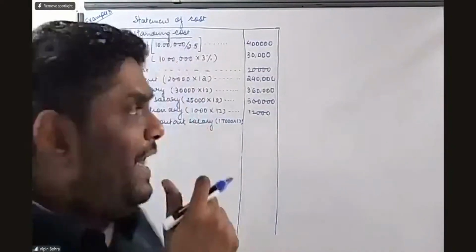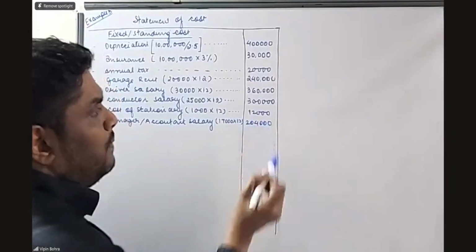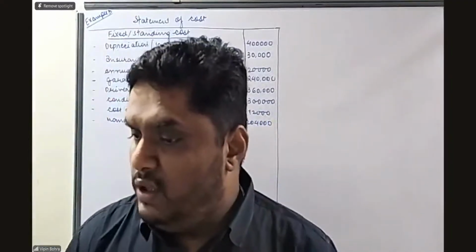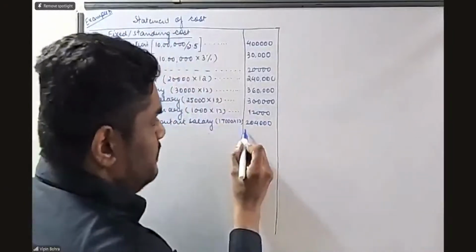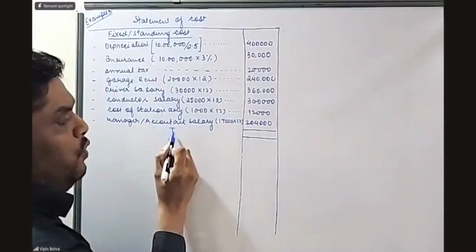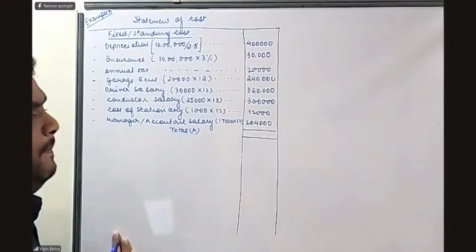So this will be 2,04,000. I think we are done with all the fixed cost. This will be my total.